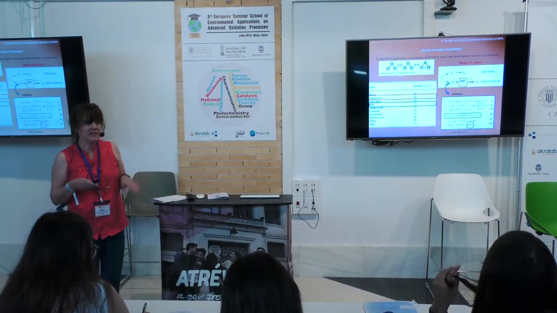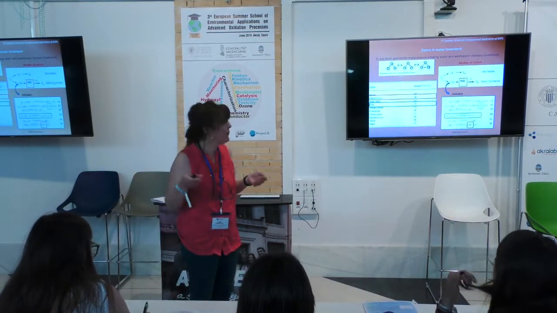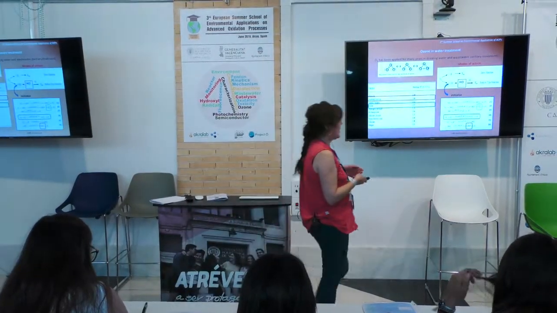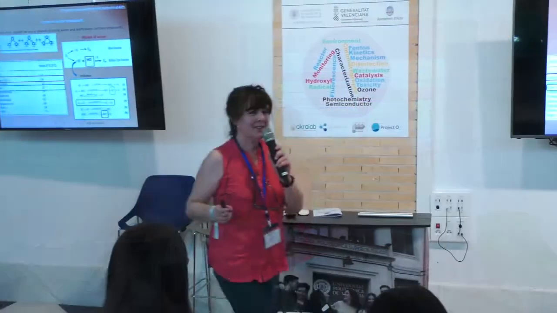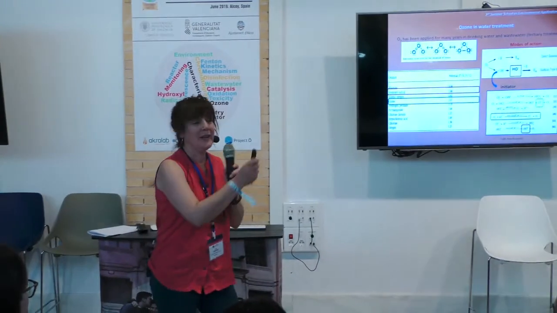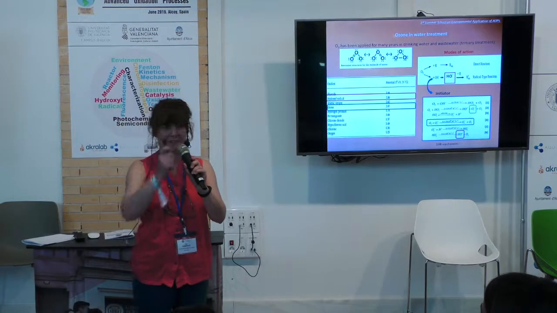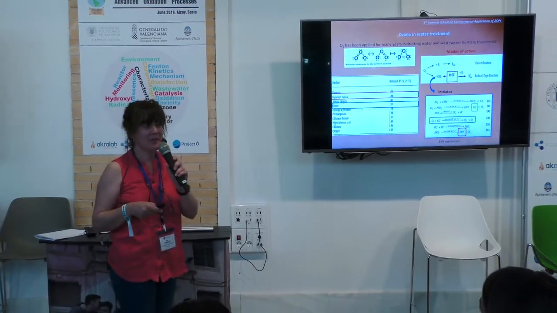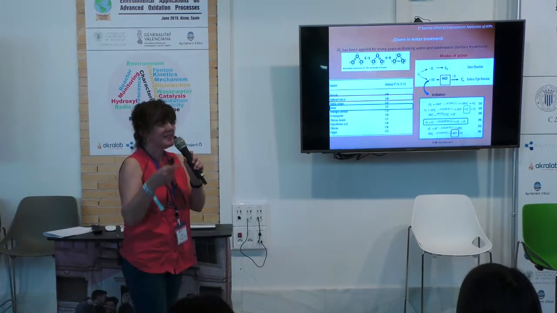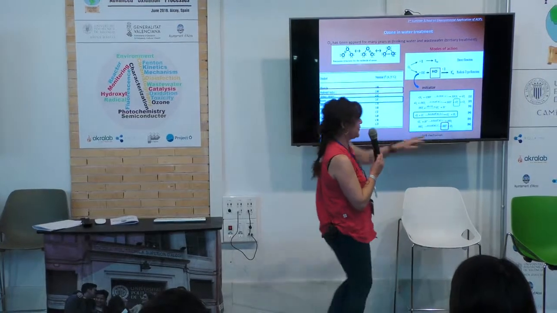In this mechanism, ozone is decomposed, reacts with hydroxide anion, and superoxide radical is formed. So there is an important role of superoxide radical here. Cesar, this is dedicated to you. Because the formation of superoxide radical leads to the formation of ozonide radical anion through reaction 4.